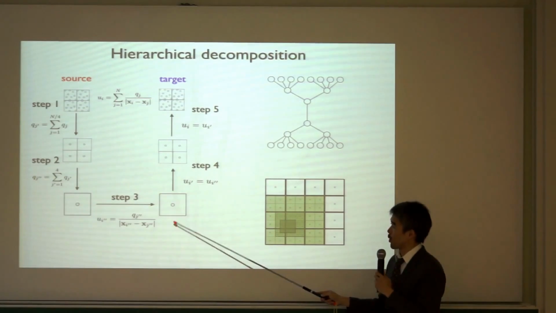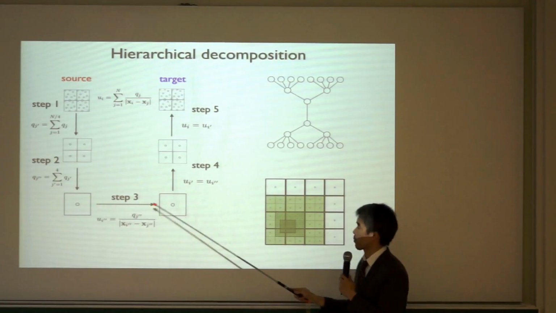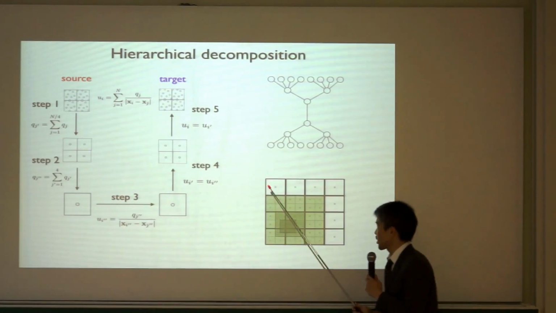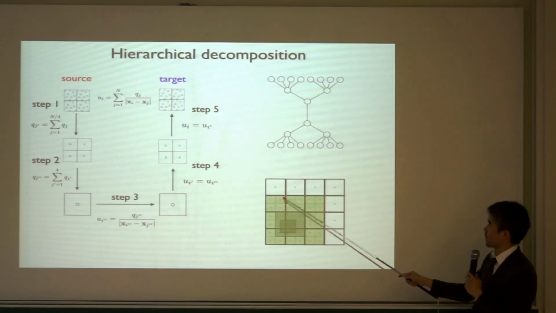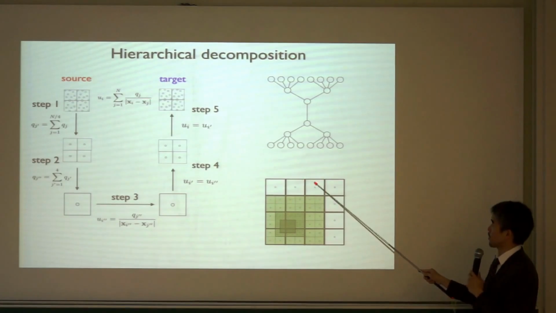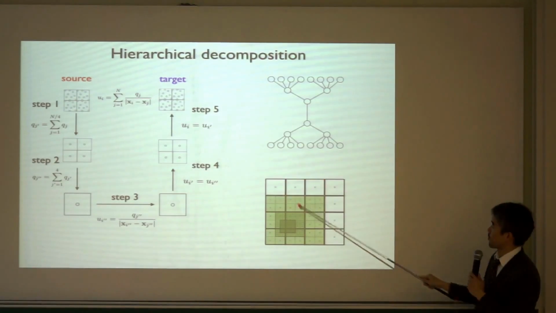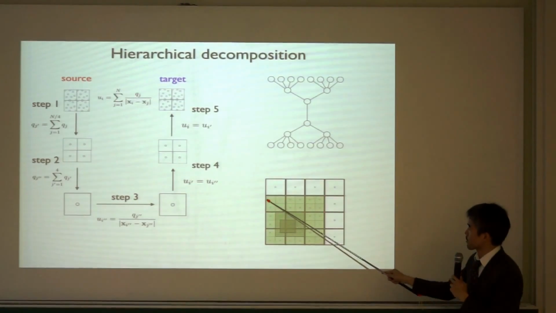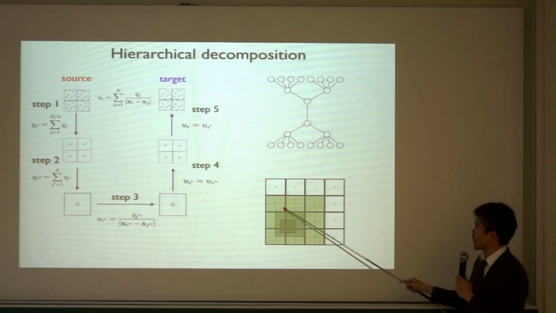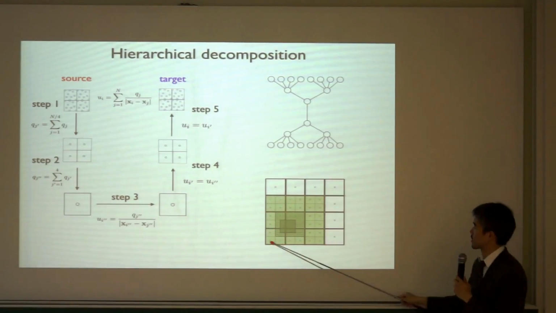Now, when you want to calculate the points against each other, you form a hierarchical type of interaction list. So for the points here, you interact the big box against the big box. For the smaller ones here, shown in light green, you calculate against these boxes.